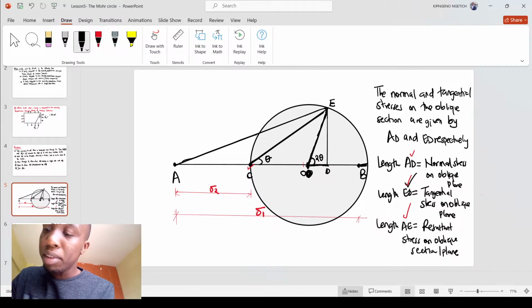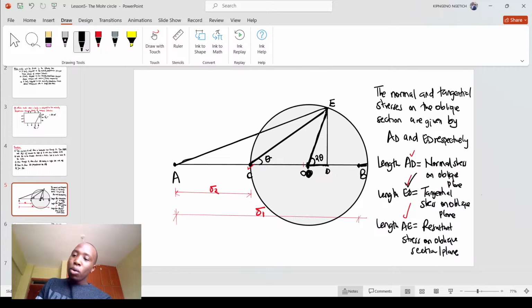Since we have the radius, we also have OD, remember? We can express ED by use of trigonometric equations. If we have the radius and we have 2 theta, it means we are looking for the opposite, and we have the hypotenuse. So that will be the sine rule.